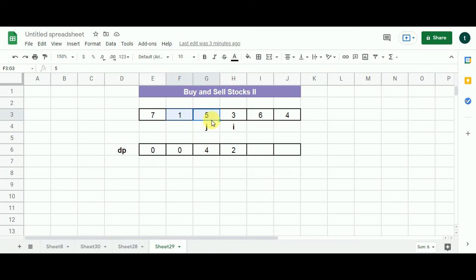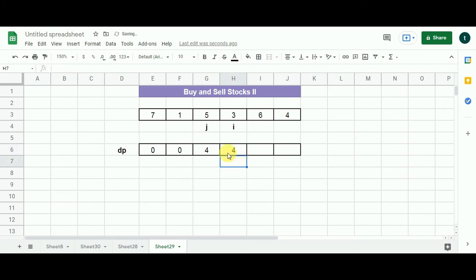Obviously, the first case, because we are getting the profit as 4 in that subproblem. Hence, after all iterations are over, the algorithm will compare the result of the current subproblem with the result of the previous subproblem and will store the one which is greater. So in this cell, I store 4 because it is the maximum between 4 and 2.